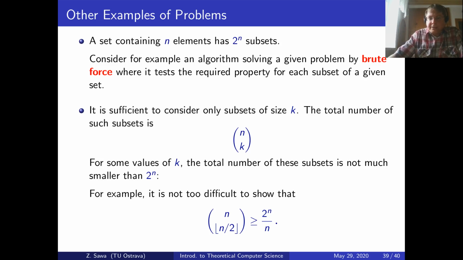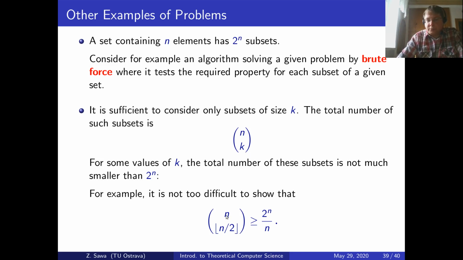In fact it's not necessary to generate all subsets but only subsets of size k, but the number of subsets of size k is n choose k, this combination number. But in fact this value is not much smaller than 2 to n, in particular if this k is close to n divided by 2.